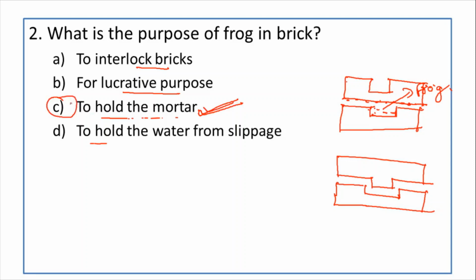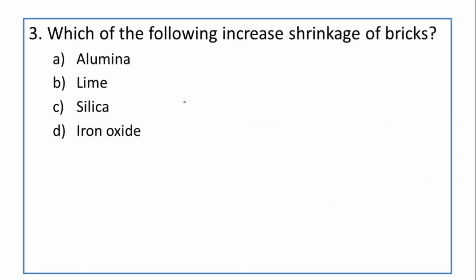That is the answer. Then, which of the following increases shrinkage of the bricks? They have given four options here: alumina, lime, silica and iron oxide. Now, basically, lime will reduce the shrinkage of the bricks.